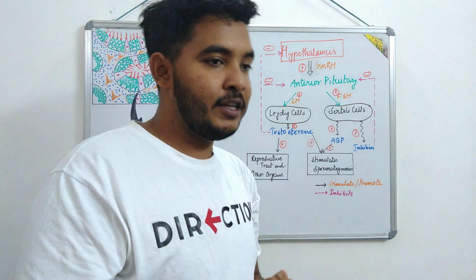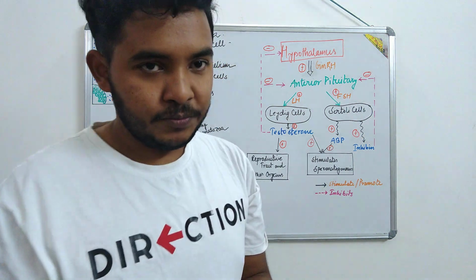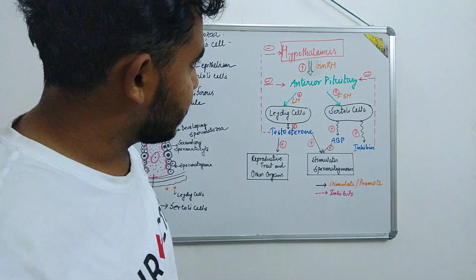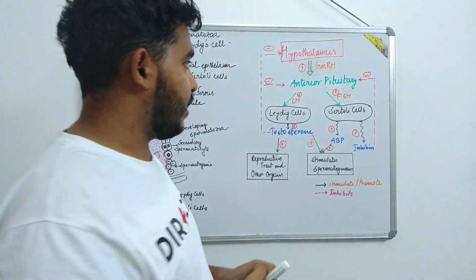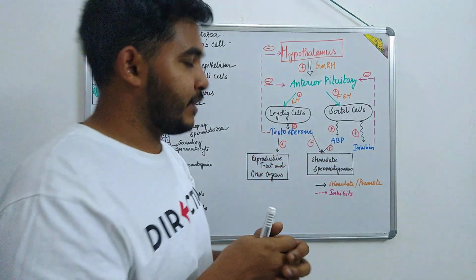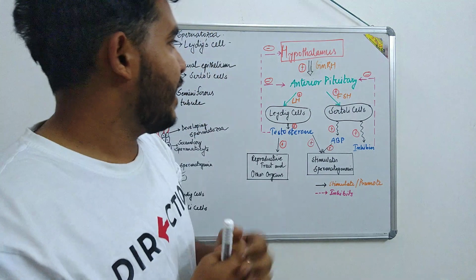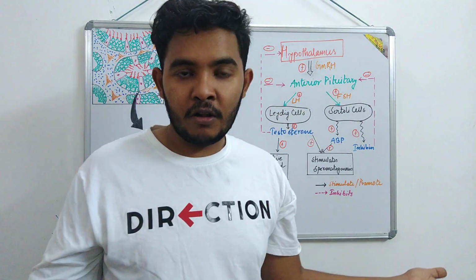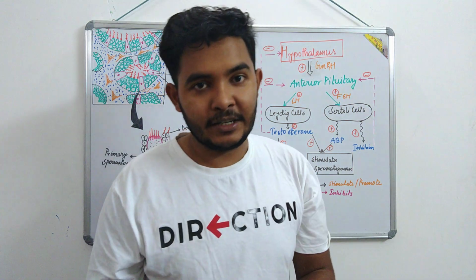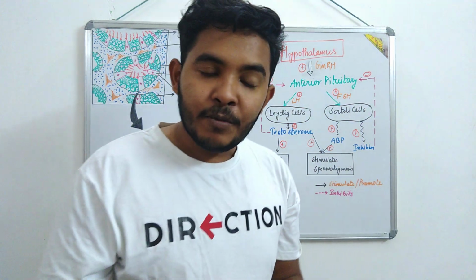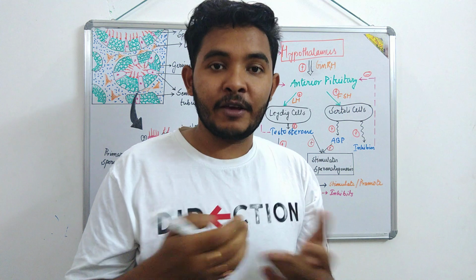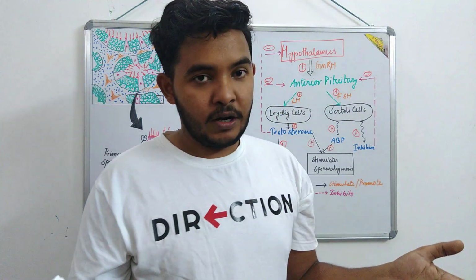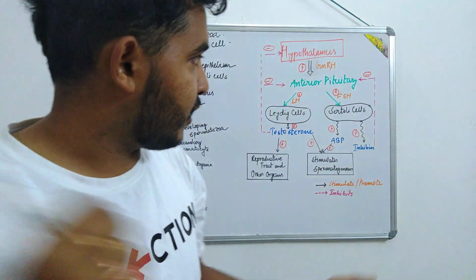It is gonadotropin releasing hormone, a peptide hormone secreted from the nerve endings of the hypothalamus. They come down to the anterior pituitary. You know it is our master gland, because it regulates almost all the other hormonal functions of our body.